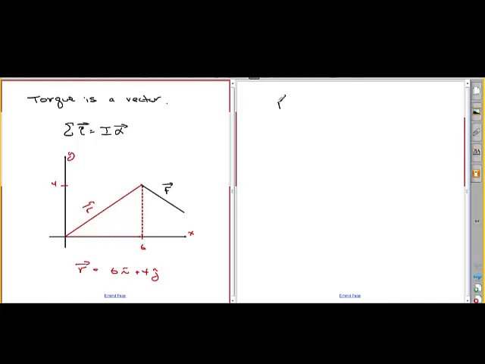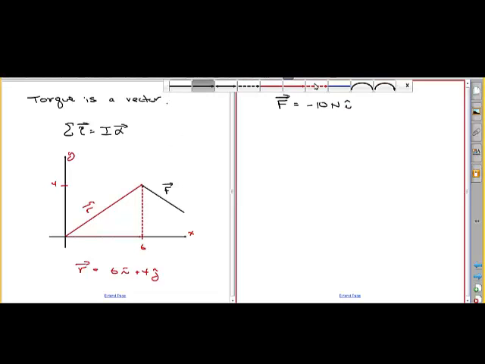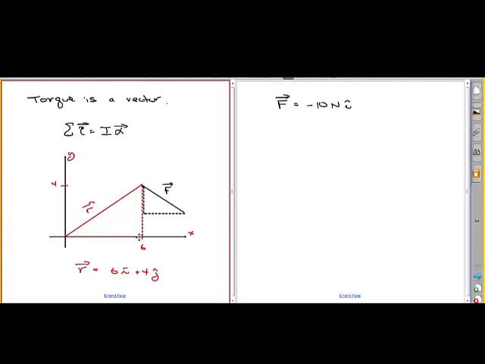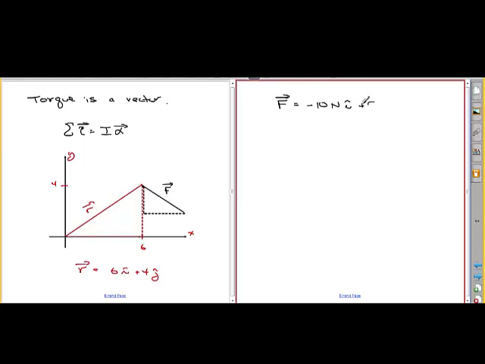The force vector is going to have a negative x component, negative 10 newtons i, and a positive y component. So let me draw my dash line. That's my F sub x, and that's my F sub y. Don't use this scale to determine it; you have to just specify it. Since this one's longer than that, I'm going to say that's negative 10 newtons i plus 7 newtons j.